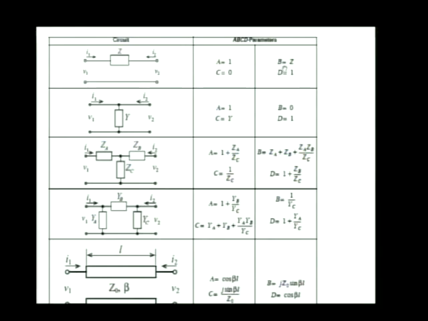A is equal to 1, B is the impedance value Z, C is 0, and D is equal to 1. If you have a shunt admittance as the circuit in question, then here are the ABCD parameters of that shunt admittance.